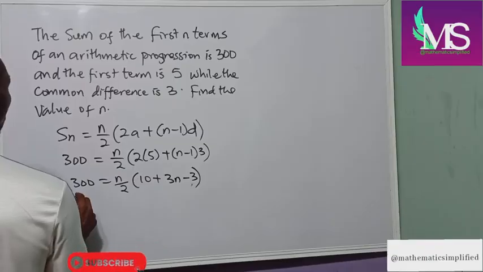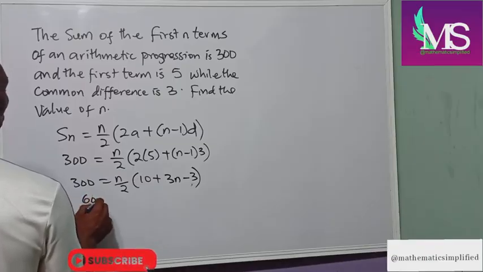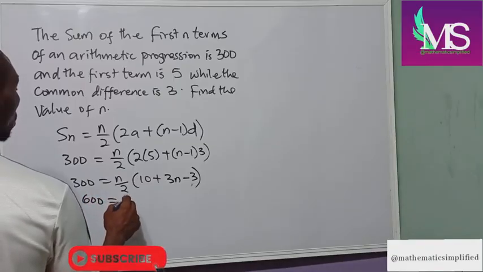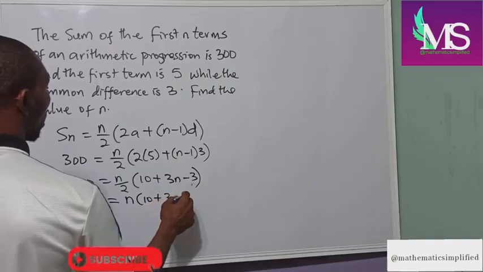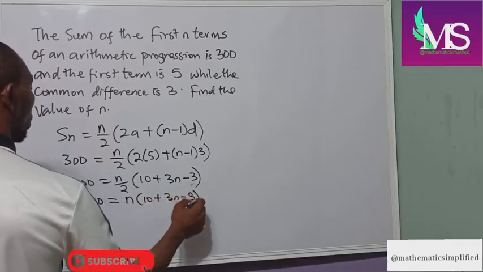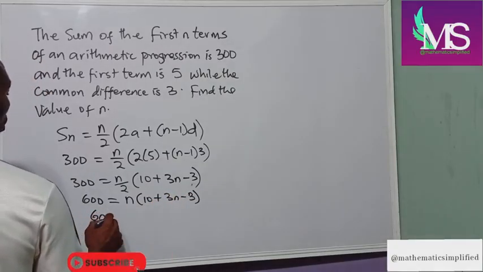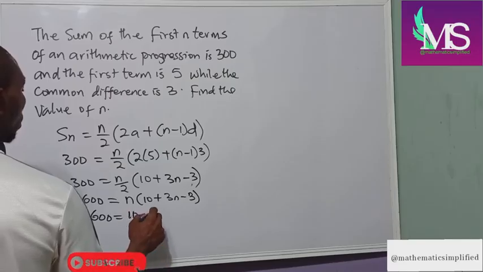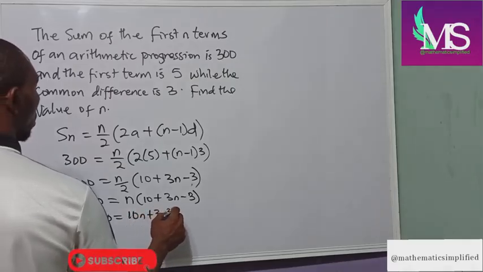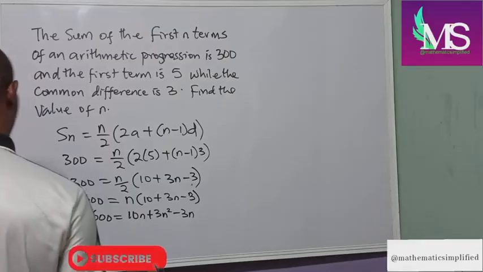Now, if we clear this fraction, we multiply both sides by 2. So 300 times 2 will give us 600 equals n brackets 10 plus 3n minus 3. Opening this bracket, we have 600 equals 10n plus 3n squared minus 3n.